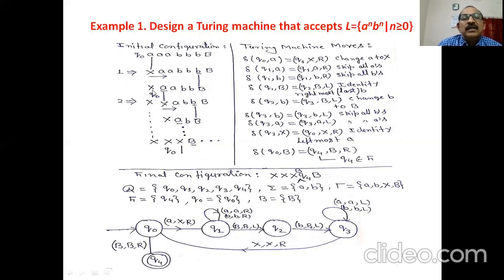Then it moves in the right direction and goes to the state Q0. Here you can see the machine in state Q3, if it reads X, goes to the state Q0, replaces this X by X and moves in the right direction. This way we can identify the leftmost A.